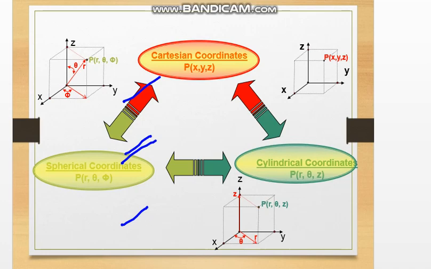Here you can see the Cartesian coordinate system xyz, and you have to know the conversions between spherical and cylindrical. If you know these things, it will be easy for you in the next part of the calculations.